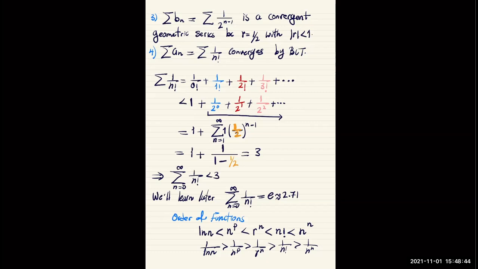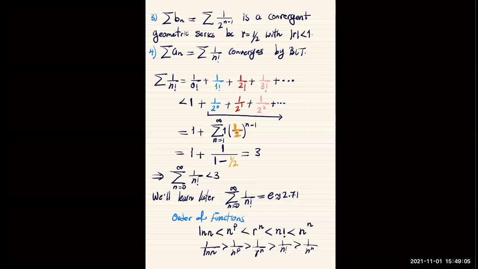Okay, so what we're going to do is come up with a different test, which is almost like the basic comparison. It's called the limit comparison. And the logic with the limit comparison is to pick a sequence that behaves like our sequence.